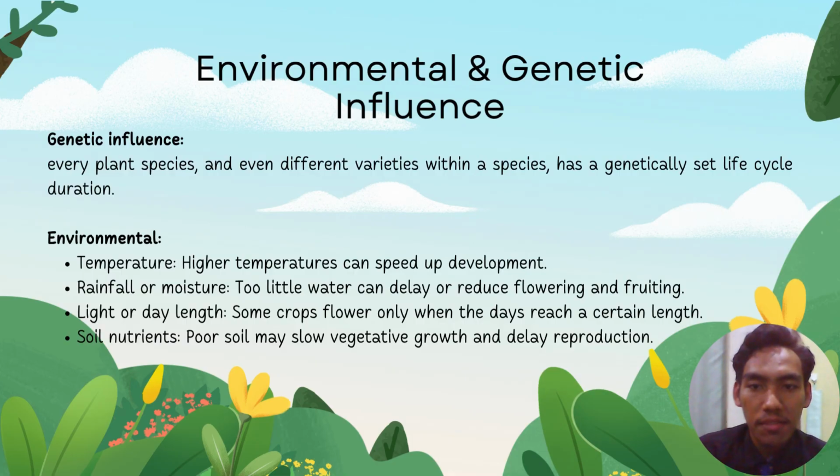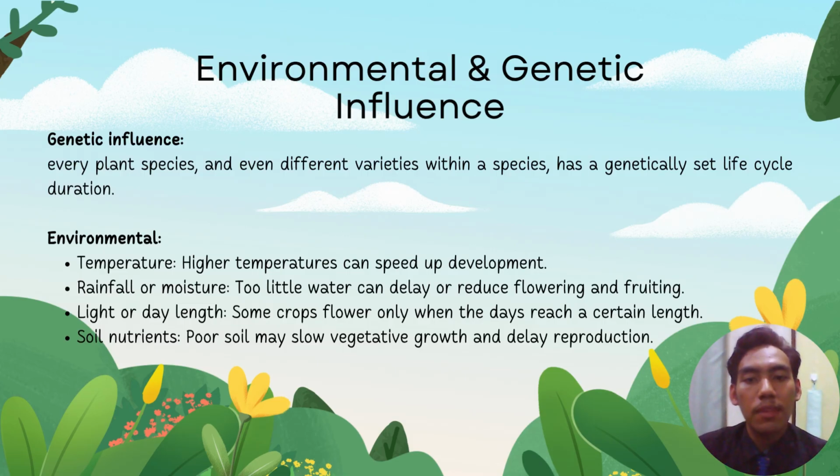Next, for environmental factors. First is the temperature. Higher temperature can speed up the development of the plant. Next is rainfall or moisture. Too little water can delay or reduce flowering and fruiting. Next is light or daylight.